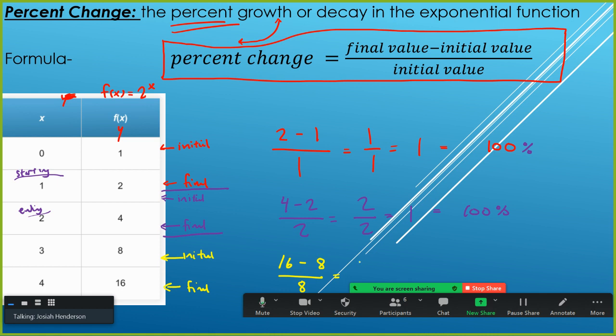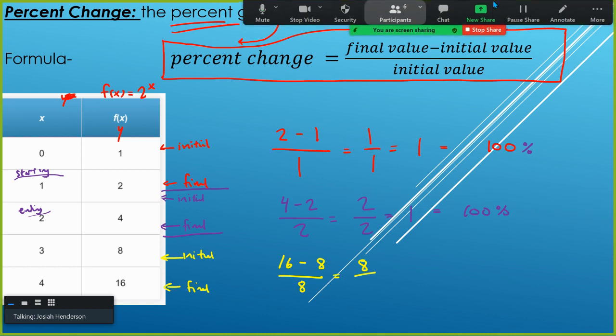So 16 minus 8 is 8. 8 over 8 is 1 again. Okay, now usually though we will get a different decimal. So actually, let's do a couple other examples. Same type of problem, just finding the percent change, where we get different percentages that aren't just 100.